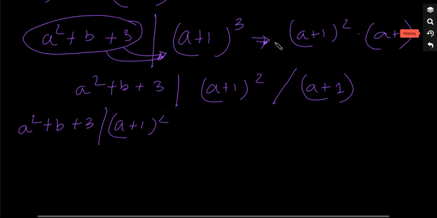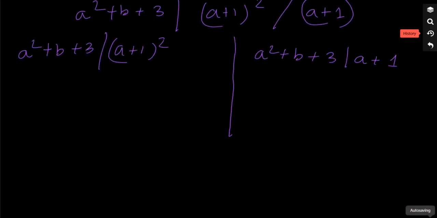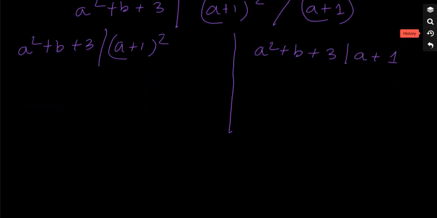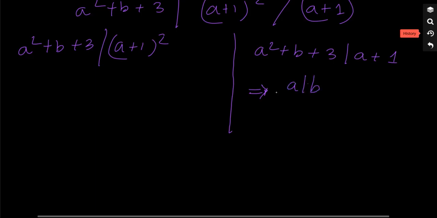The other one is a square plus b plus 3 divides a+1. Now the main part. There is a very nice condition in divisibility that if a divides b, then b is greater than or equal to a.